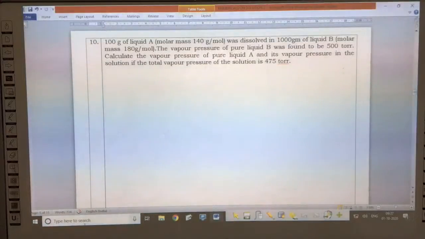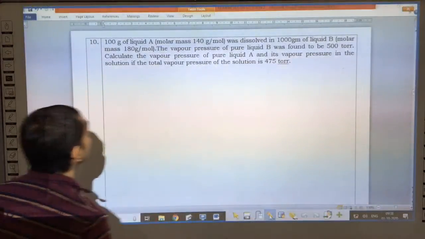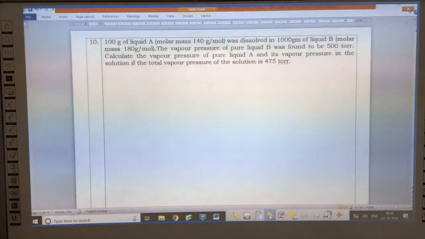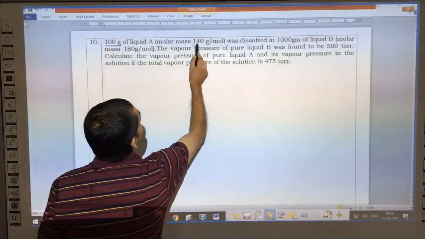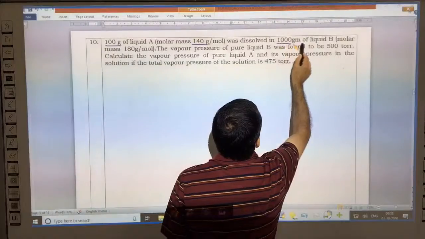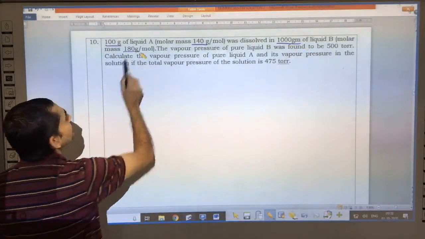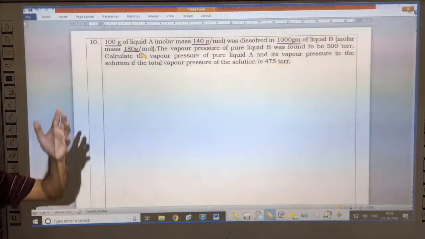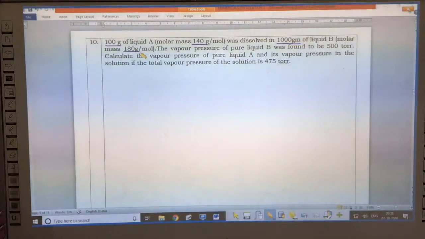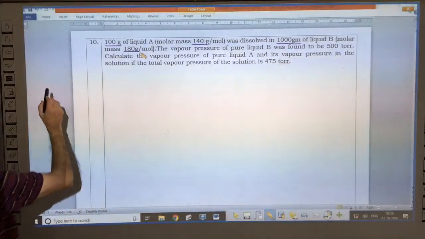These numericals are very long, so read the question carefully. 100 gram of liquid of given molar mass was dissolved in 1000 gram of the other. From here we will first calculate the number of moles of both and their mole fractions. Clear? Let us solve it.